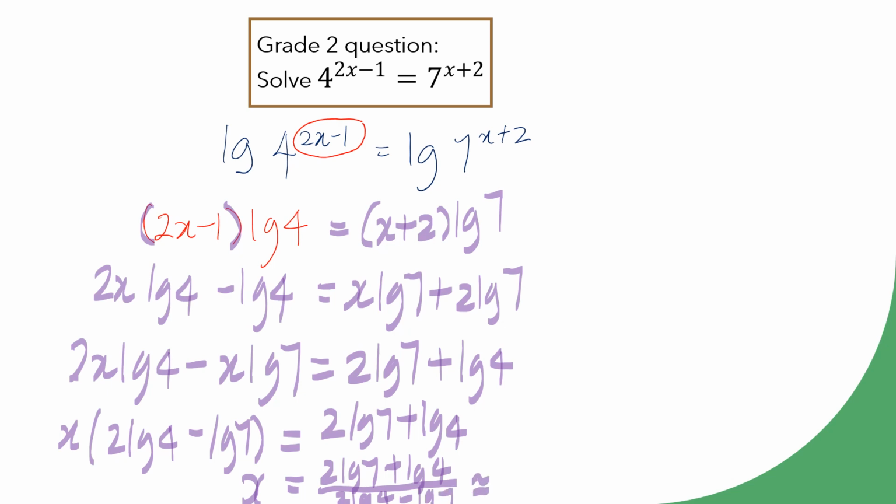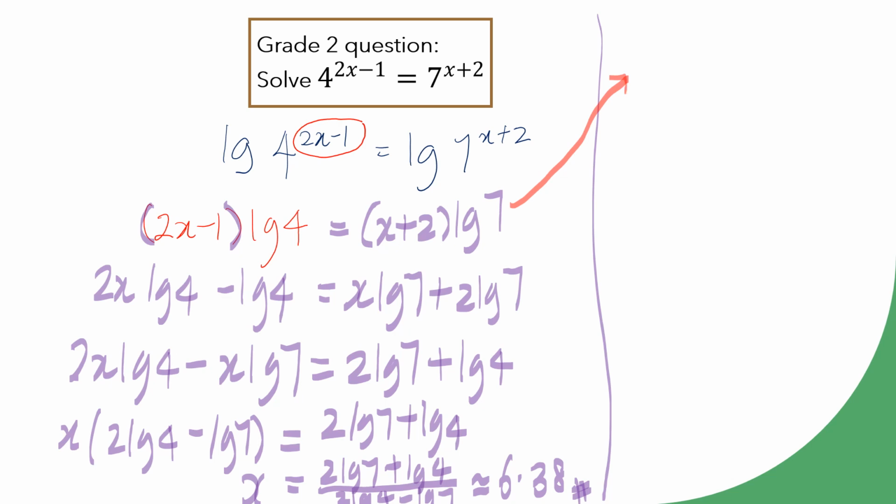If you use a calculator to work that out, 2 log 7 plus log 4 divided by 2 log 4 minus log 7, you will get 6.38 as the answer. This is one way of doing it. You just put all your x terms together, factorize it out, and then carry out some algebraic manipulations. Another way is you can actually continue from here.